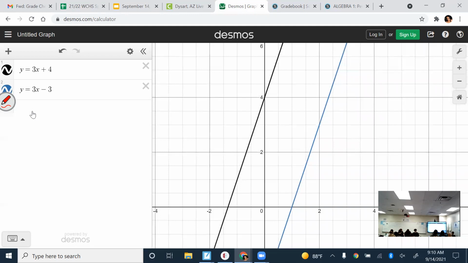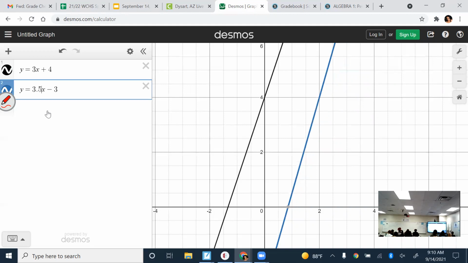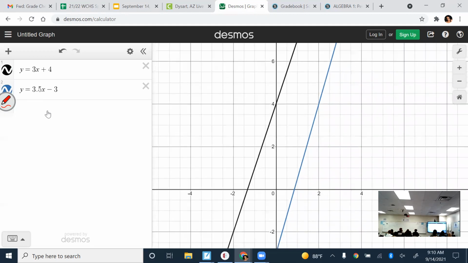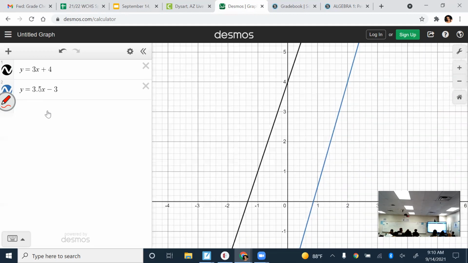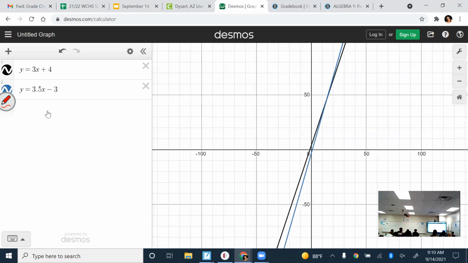Is it the same? Is it different? It's the same. All right, so even if I change this slope by a little bit, let's say I make it 3.5, it looks parallel, maybe like right here. When I zoom out, they do intersect eventually. So it has to be the exact same slope. Questions about that?